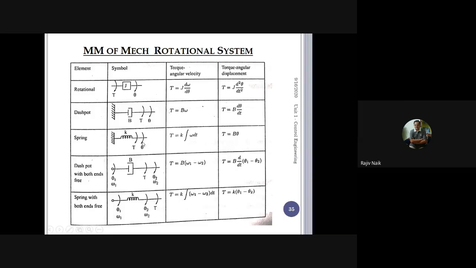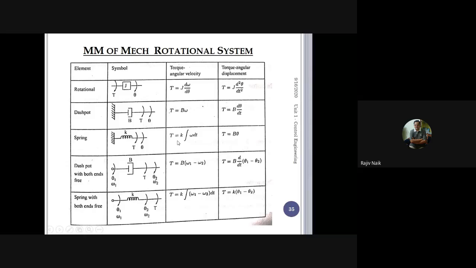Similarly, you have a torsional spring having stiffness K or KT, sometimes used to distinguish between a linear spring and an angular spring. The linear spring is represented by K, the angular spring sometimes by KT. So it is the angular stiffness which is applied with the torque.